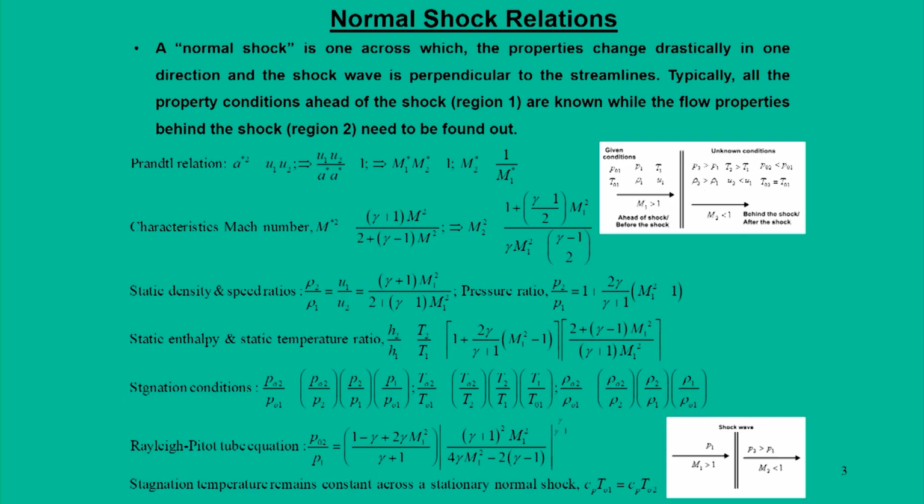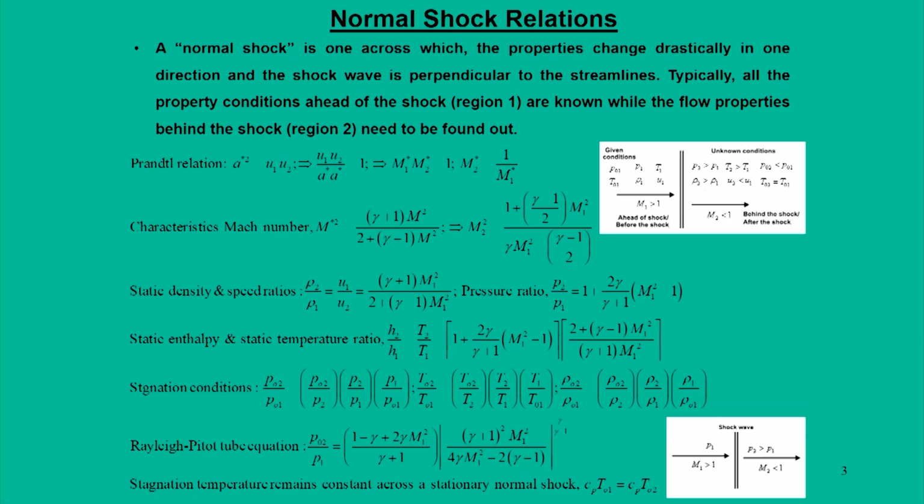To give a brief introduction of what we have covered in our last lecture, that is normal shock relations, we defined a normal shock as a very thin region across which properties change drastically in one direction, and the shock wave is perpendicular to the streamline.